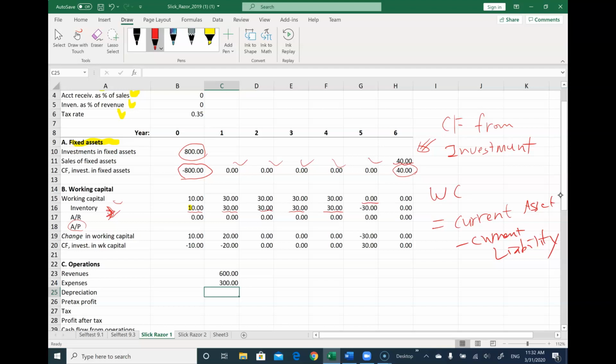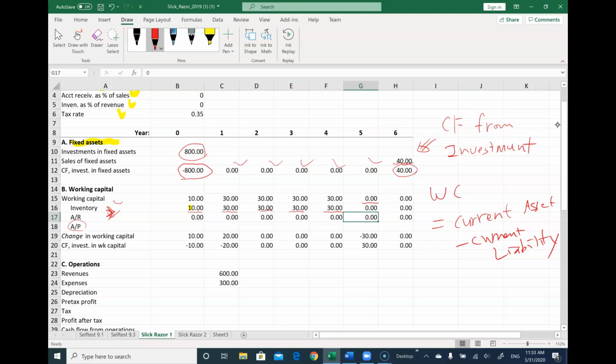So this should be 0, not negative 30. So when you look at the level of the inventory, it was 10 in year 0, 30 throughout year 1 to 4, and it becomes 0 in year 5.